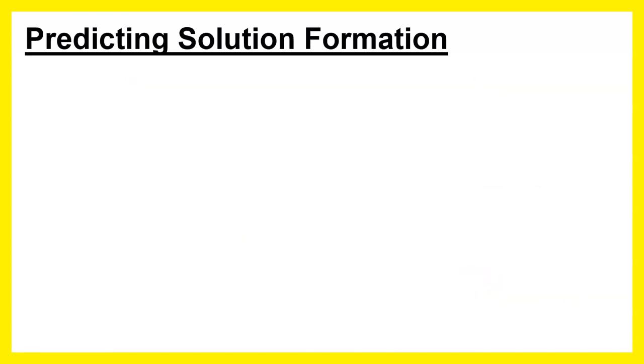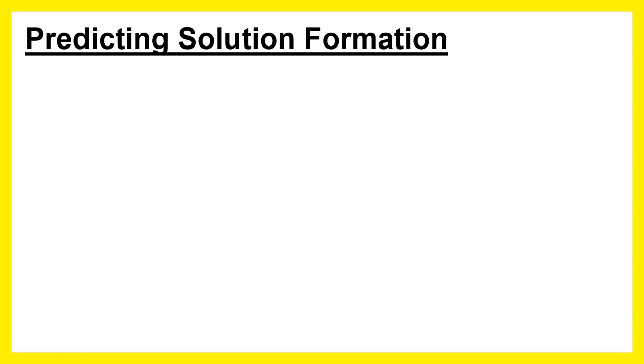So do you remember back in our thermodynamics chapter, we had charts that would help you make predictions about whether something would happen, where you were looking at whether it was endo or exothermic, increase or decrease in entropy, high temperature, low temperature, and you would use those kind of big categories to decide if it was a favorable combo or an unfavorable combo for delta G. We do that a lot with predicting solution formation as well.